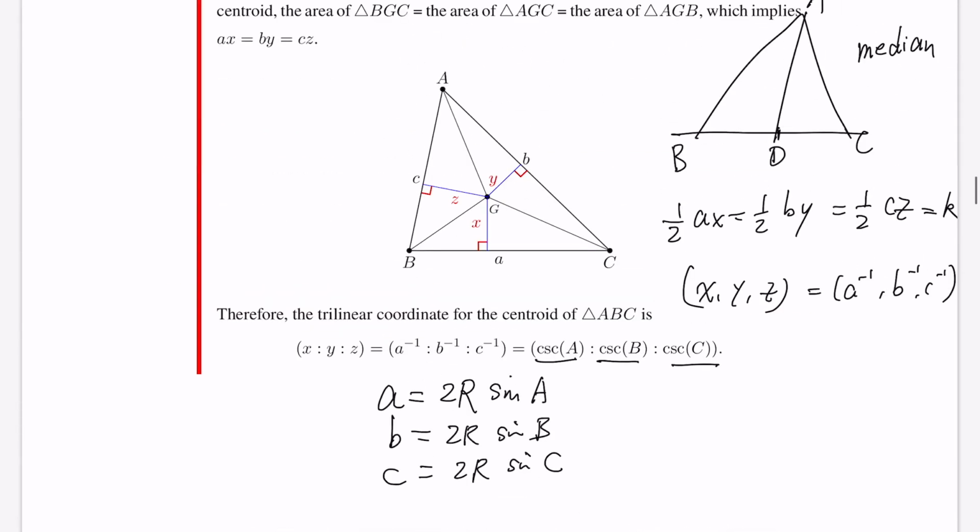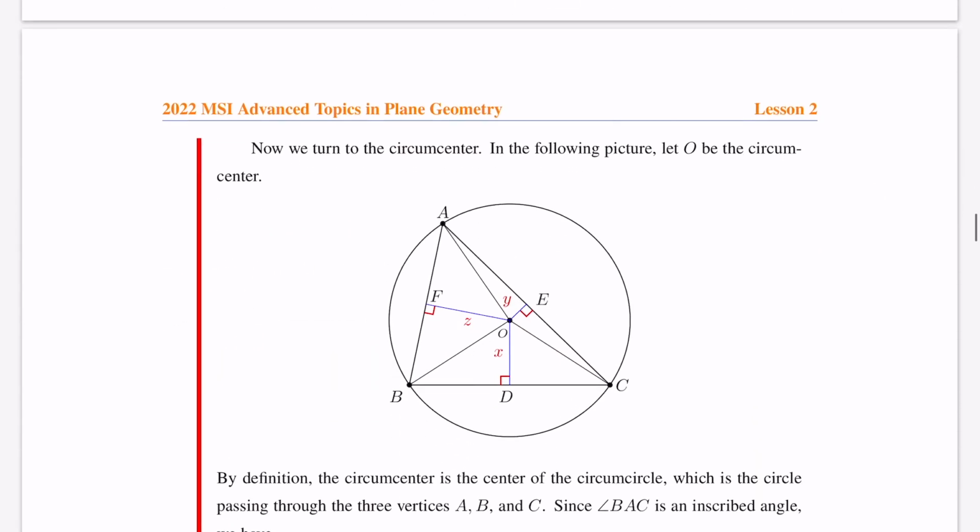The next picture is the center of the circumscribed circle. For any triangle, there's a unique circle passing through all the vertices A, B, and C, and the center of such a circle is called the circumcenter.